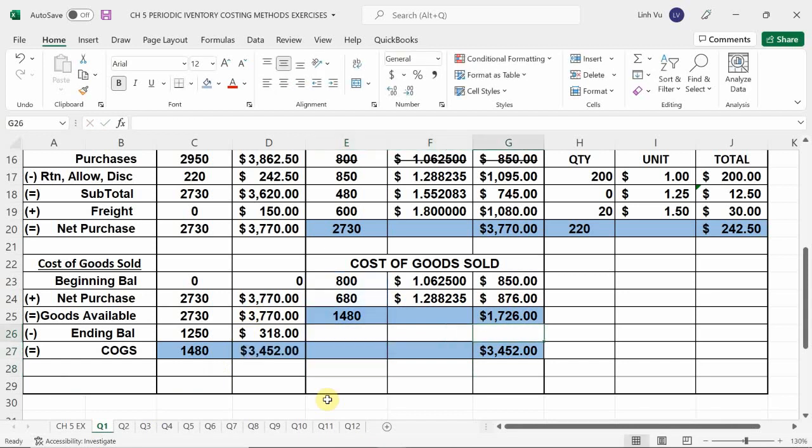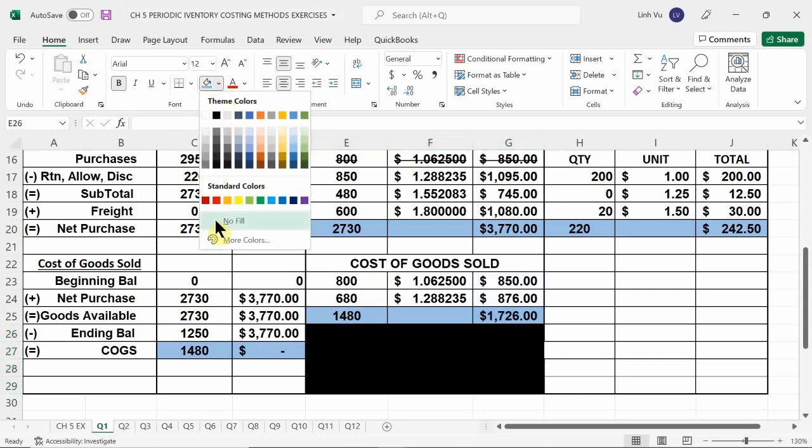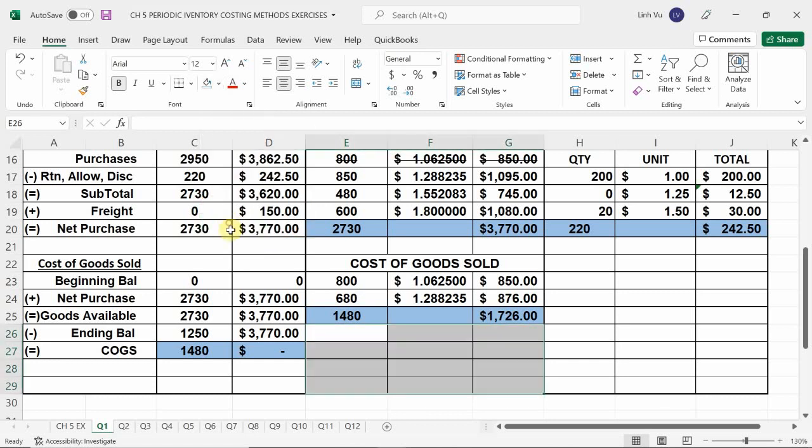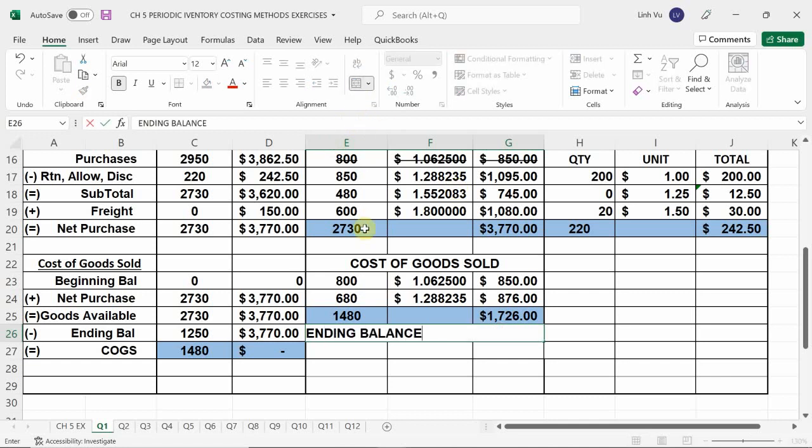Okay, so I'll build my ending balance table right here, since I still have 3 batches of inventory left. So if I call this my ending balance, I know for a fact that I have this 850.